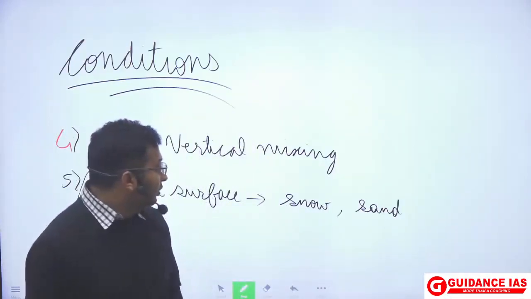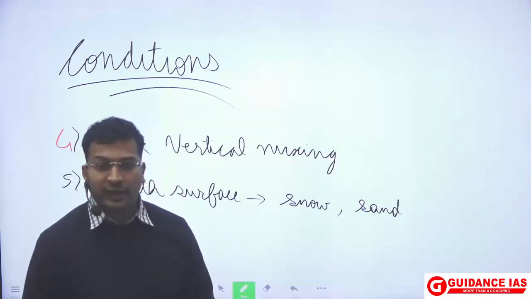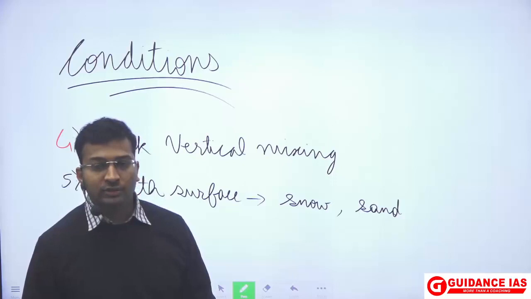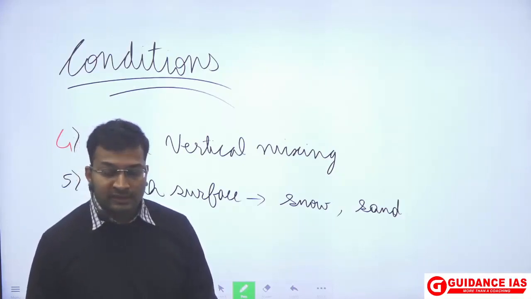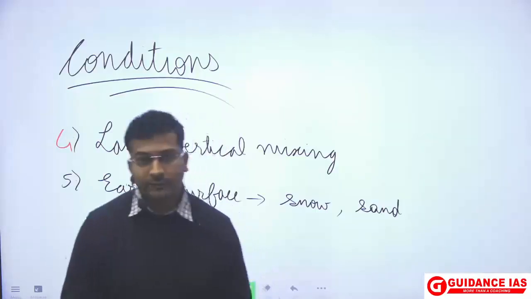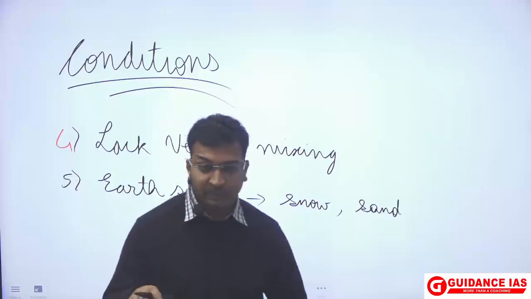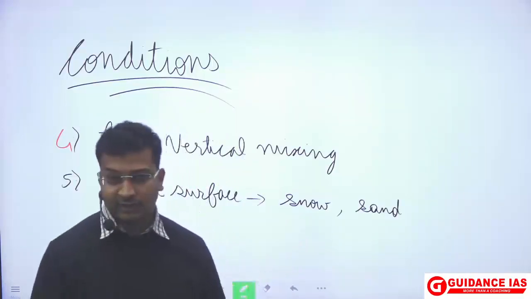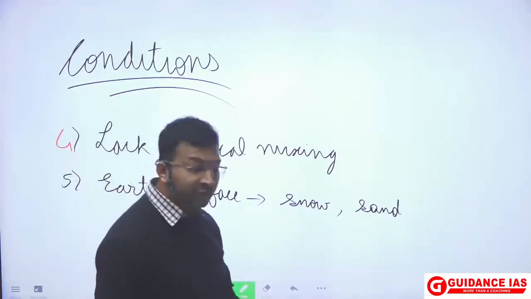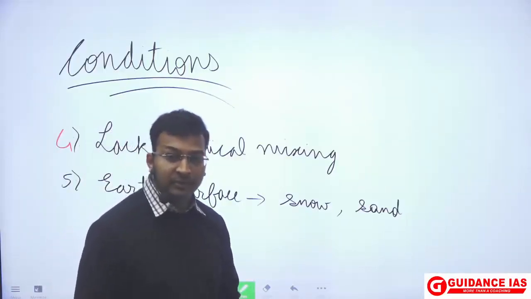Especially in the desert regions, you'll find that during the afternoon the sand gets heated to quite a high level. It becomes very difficult to step on the sand with bare feet during the daytime. But if you observe at night time, it becomes quite cool.